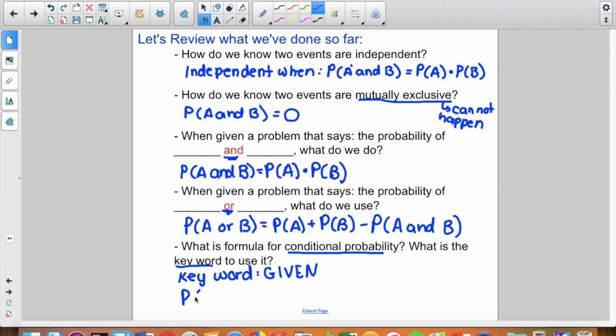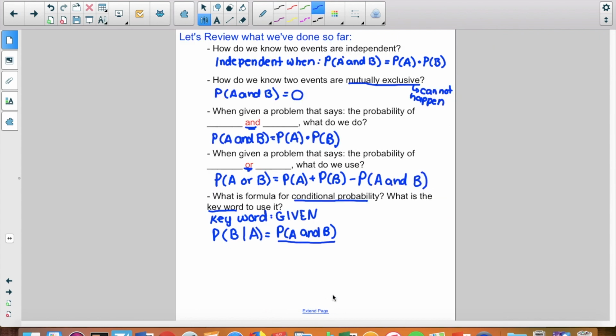Now the term for it, we'll say the probability of B given, that's what that straight line means, A, is equal to the probability of A and B divided by the probability of A. So notice the given here was A, and that goes in the denominator. It is always going to be that case.